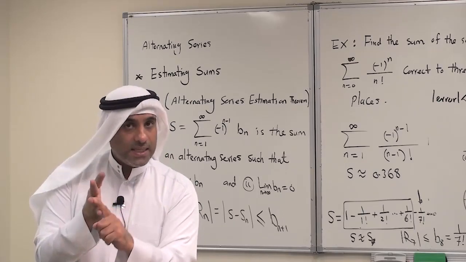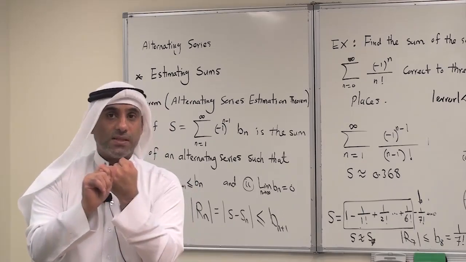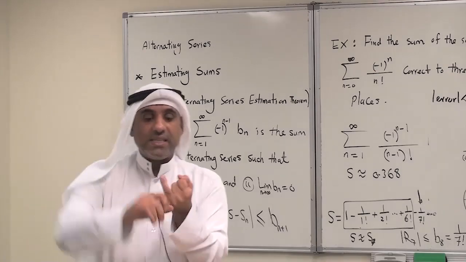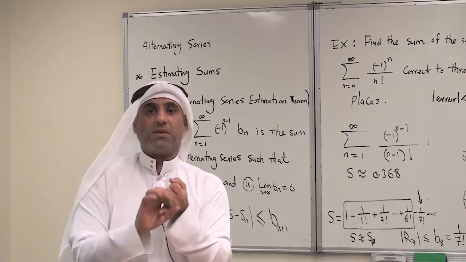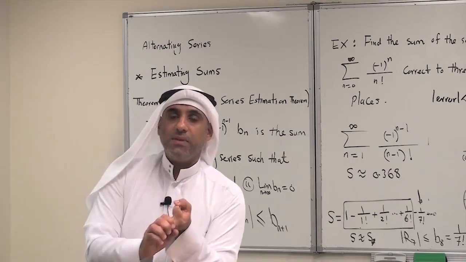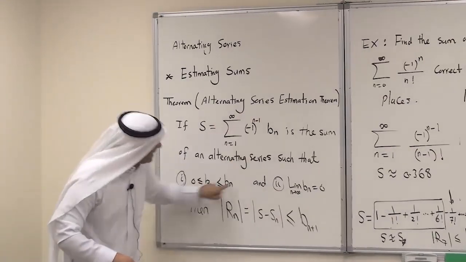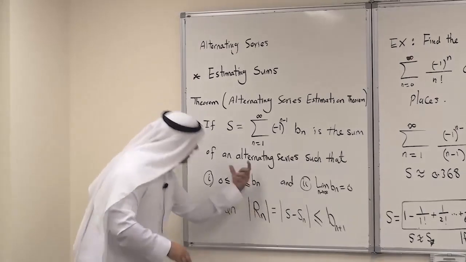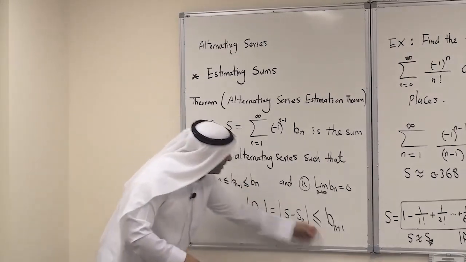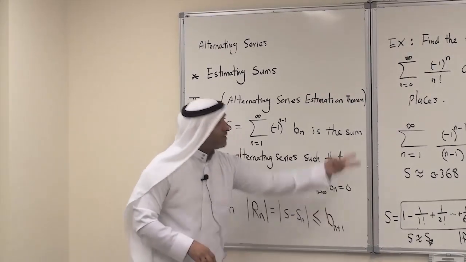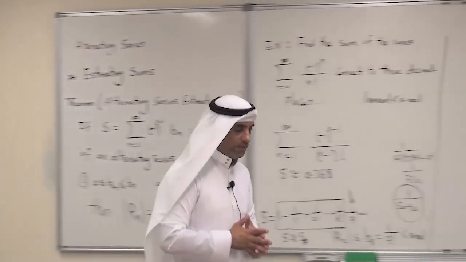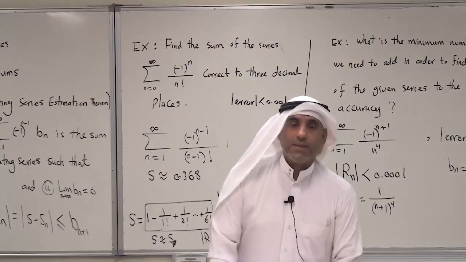We have the alternating series test that says if the sequence Bn is decreasing and goes to 0, then the series is convergent. And then we have the estimation theorem that says if you are dealing with a convergent alternating series, then the absolute value of the error will be less than or equal to Bn plus 1, and these are 2 applications for the theorem. That's what we have for alternating series.